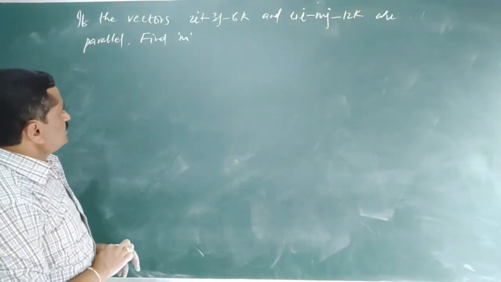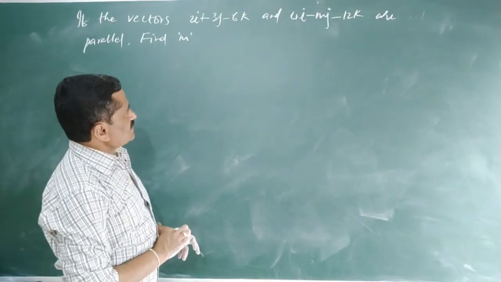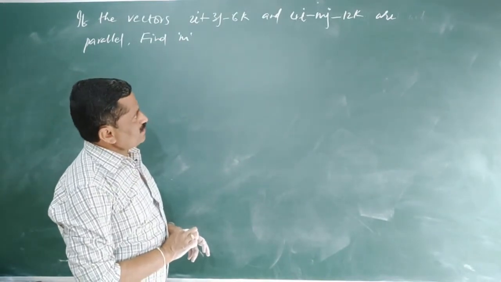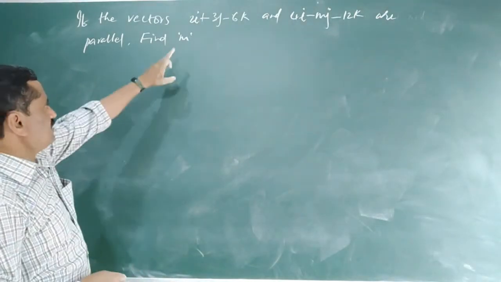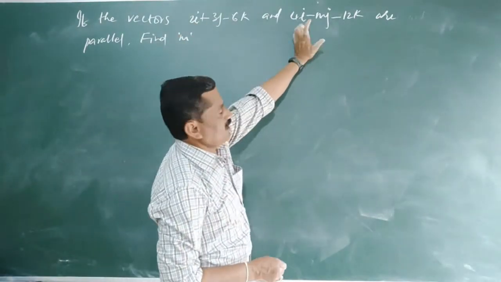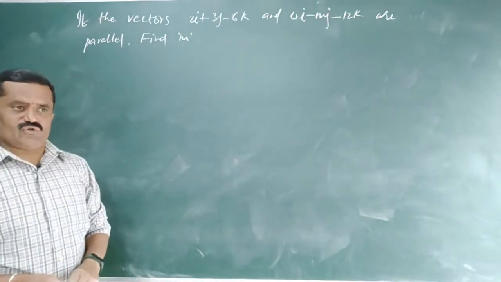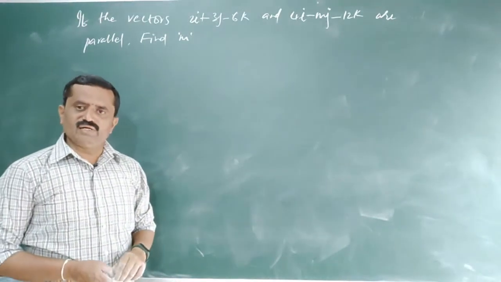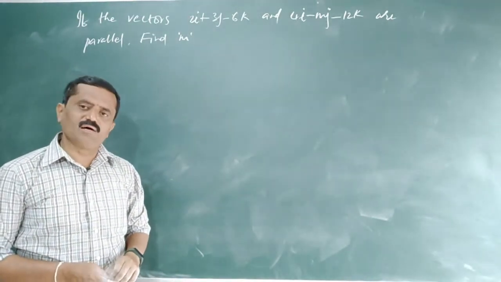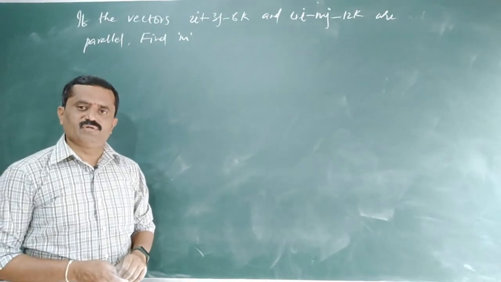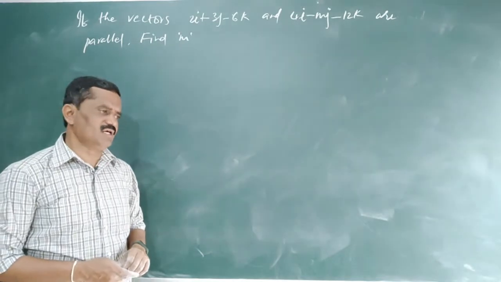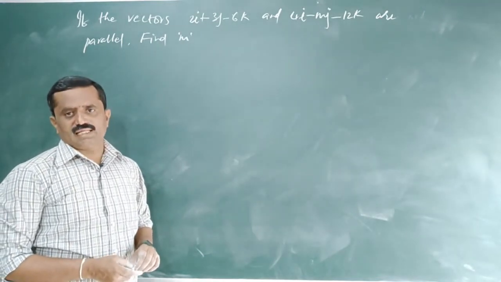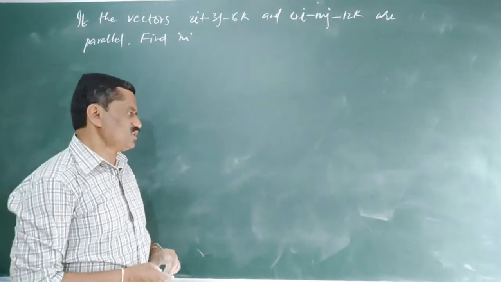Next, if the vectors 2i plus 3j minus 6k and 4i minus mj minus 12k are parallel, find the value of m. So we already know that two vectors are said to be collinear or parallel if one vector is equal to some scalar times the other vector, or if their corresponding scalar components are proportional to each other.